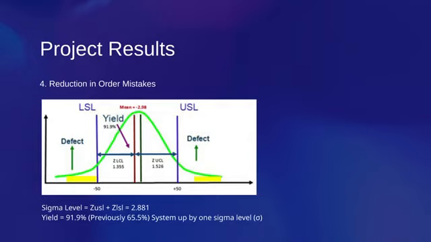So we have improved the system process by 1 sigma level, which is a very good result. And the yield of the data should be around 92%, meaning 92% of the data should be within the acceptable limits. So the order mistakes will decrease, and we will not find lots of order mistakes going out of the acceptable ranges.